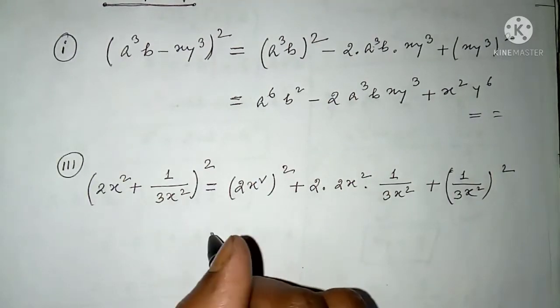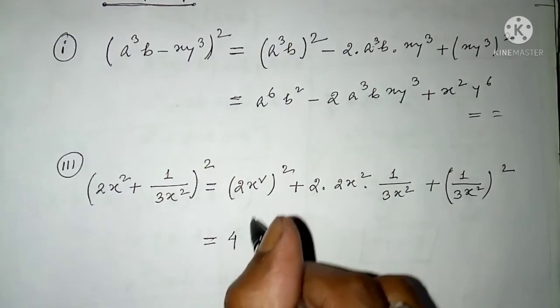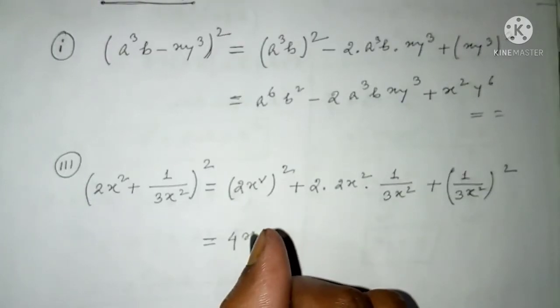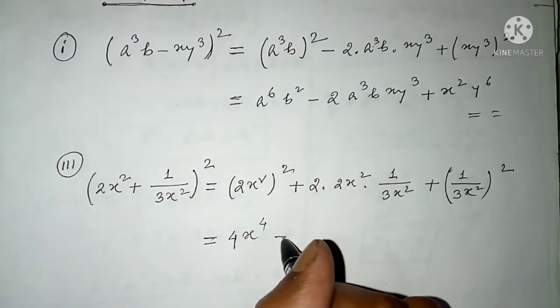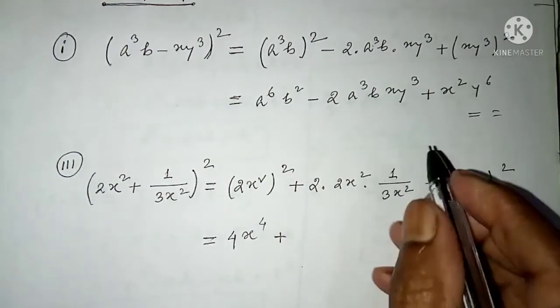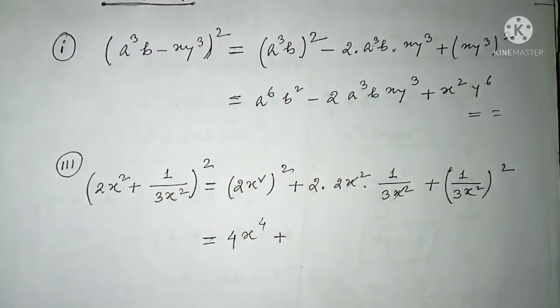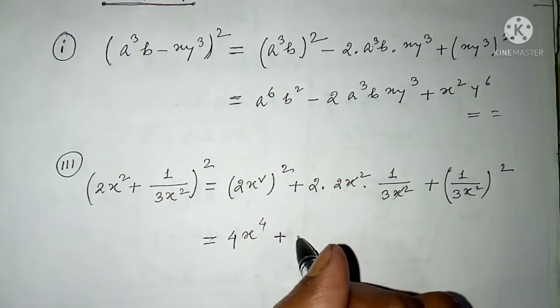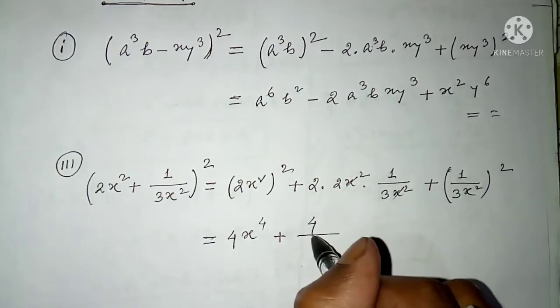Then you see here, first of all 2 square, 2 2s are 4, then 2 2s is again 4, because power over power. Now we can cancel out this x square by this x square. Now 2 2s are 4, 4 into 1, that is your 4.